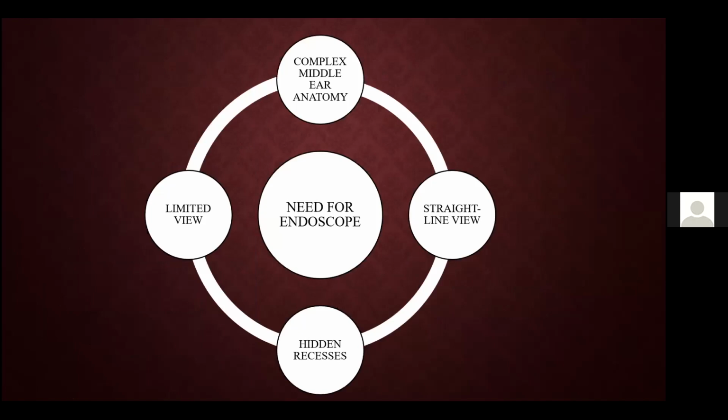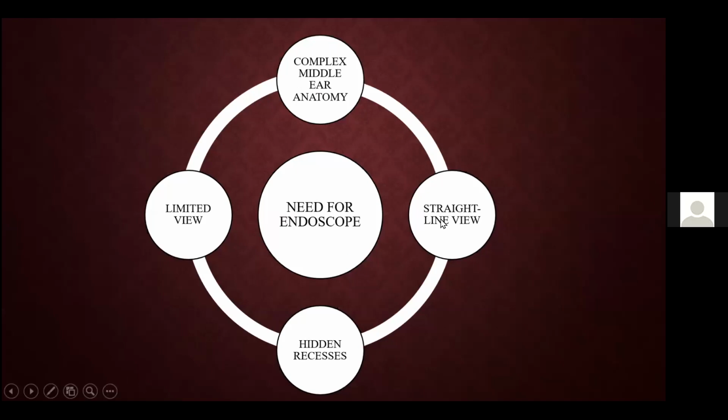So the question arises: why was there a need for an endoscope in ear surgeries when the microscope was giving us very good visualization, magnification, and results as well? It's because with time, experienced otosurgeons have felt the need to develop different techniques for exploring the complex anatomical spaces of the middle ear that are difficult to visualize with a microscope, and thus it leads to some residual disease leading to recurrences.